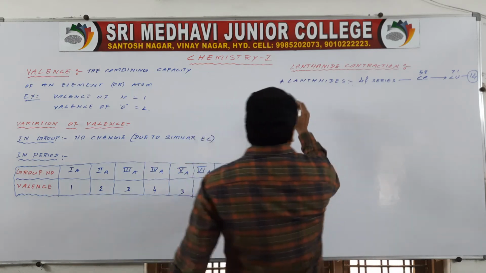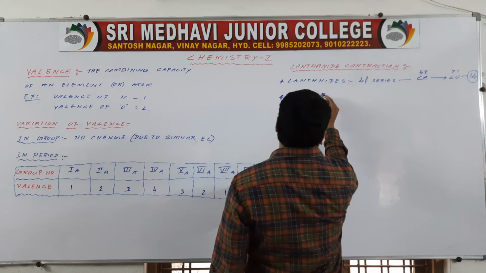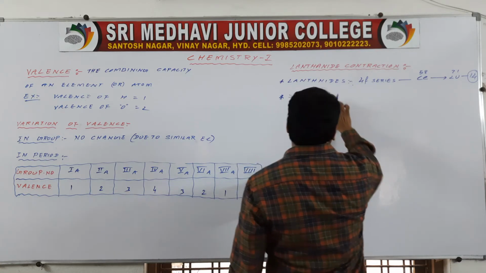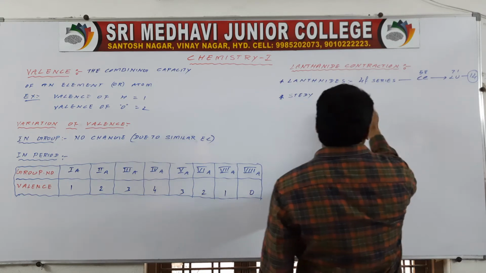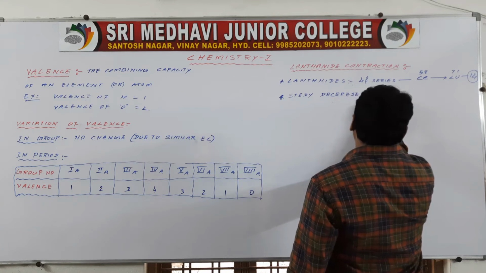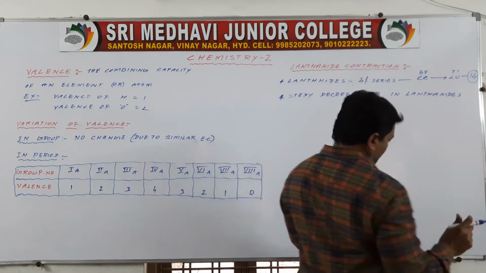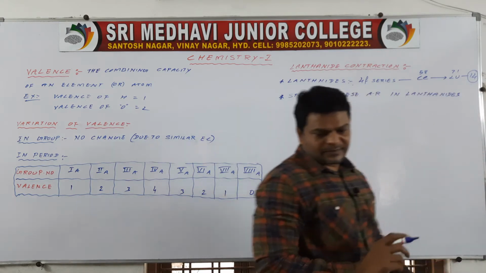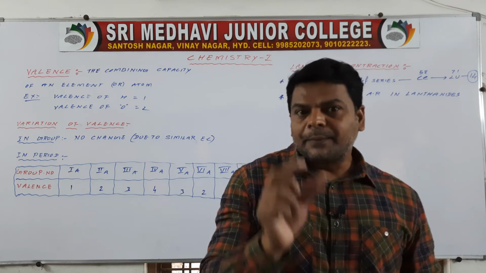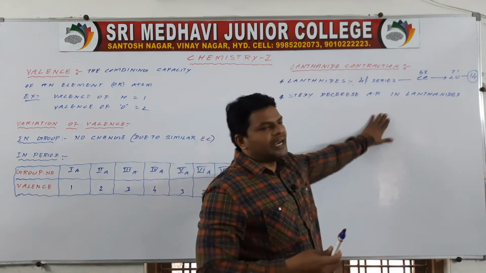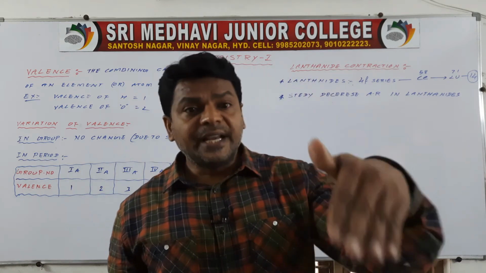So the steady decrease of atomic size, that is atomic radius, in lanthanides due to poor shielding effect and peculiar shape of orbitals is called lanthanide contraction.